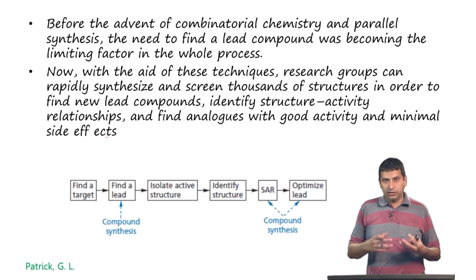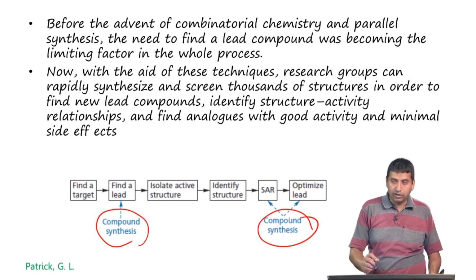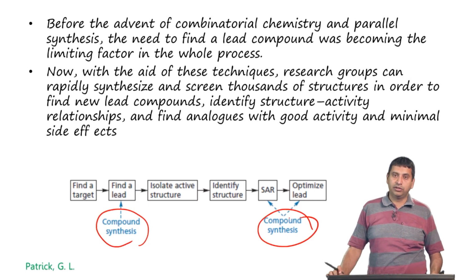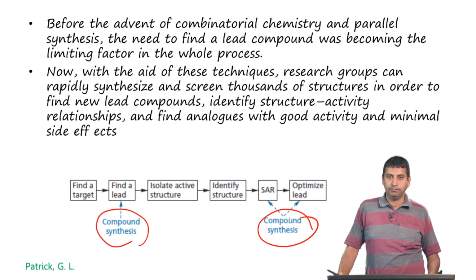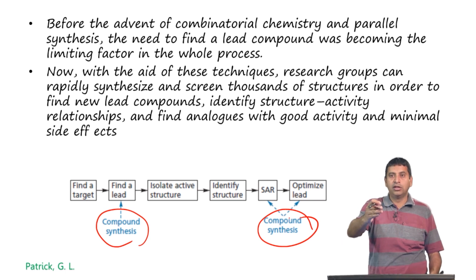So, if you look at this diagram again, there are a couple of places where you would need to do extensive compound synthesis. In some of the cases that we looked at, you need to go back and synthesize an analog, which is going to be important for us to optimize.